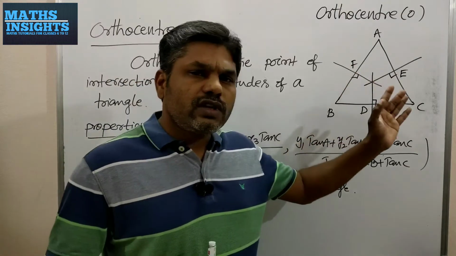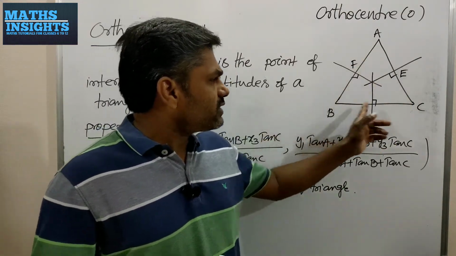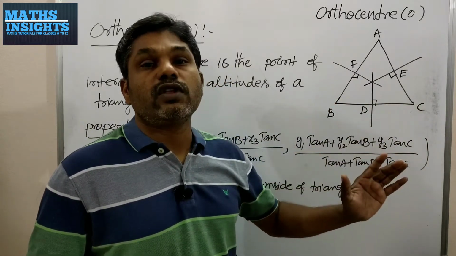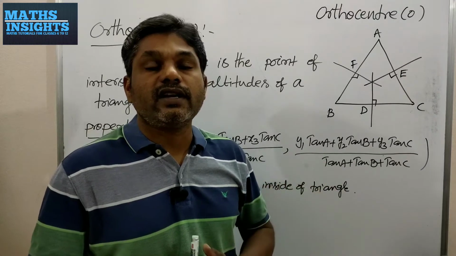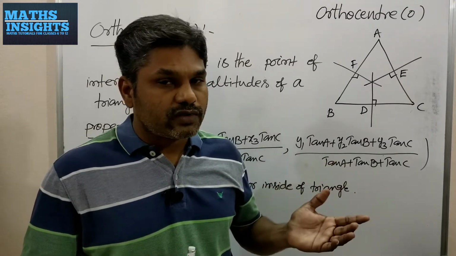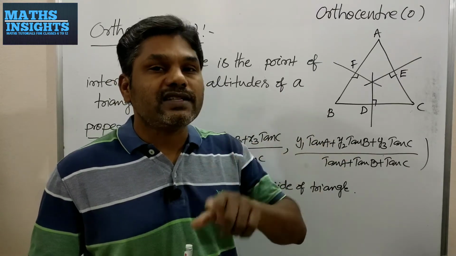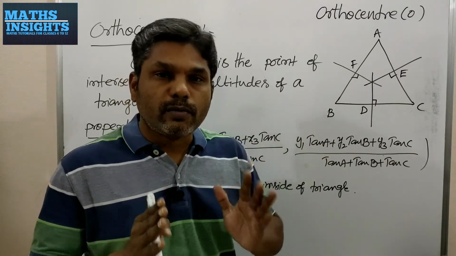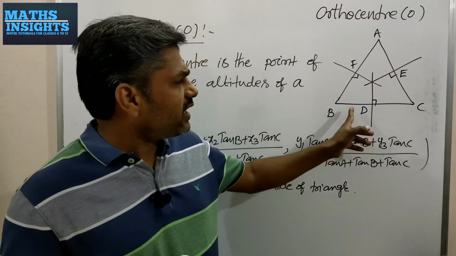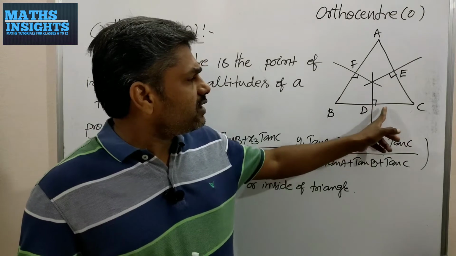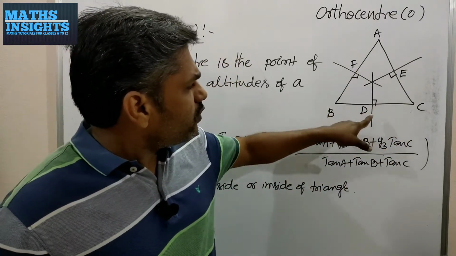An altitude is a line or line segment drawn onto a side which is perpendicular to the side, but it may or may not bisect the side into two equal halves. In the previous definition, that was the perpendicular bisector, but here it is only perpendicular, and it may or may not bisect the side. That's why I didn't represent these two parts with the same symbol. So this will be only perpendicular.